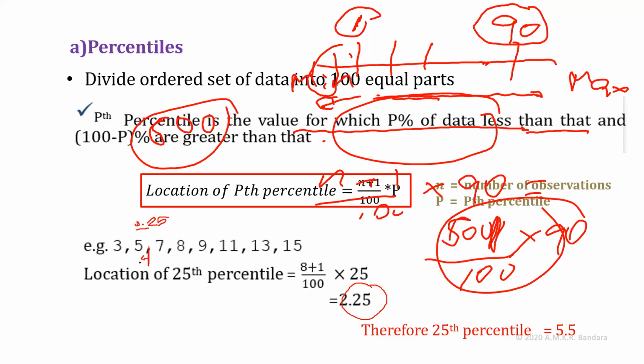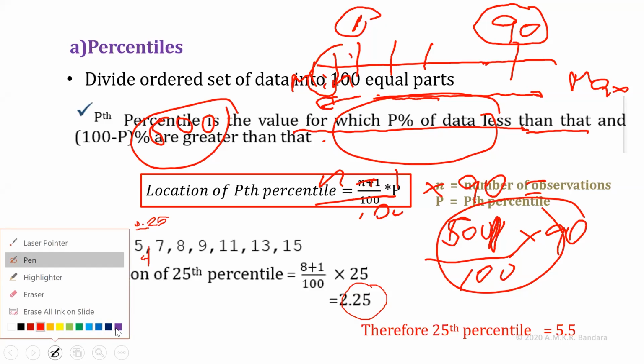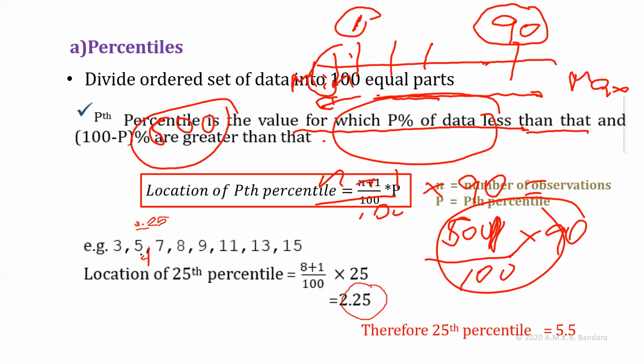You can see that when we go 1 unit from the second observation to the third observation, the value changes by 2.